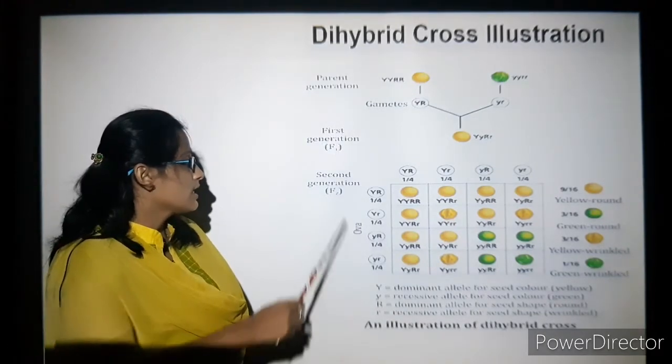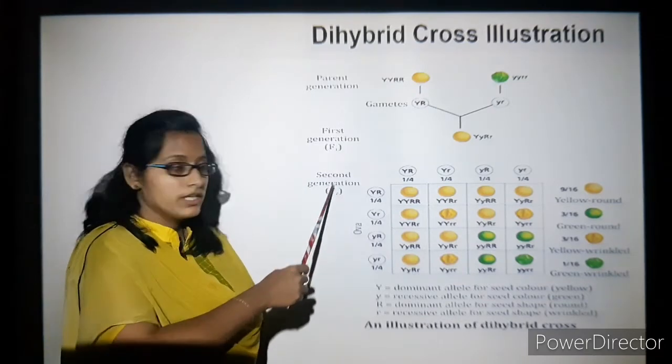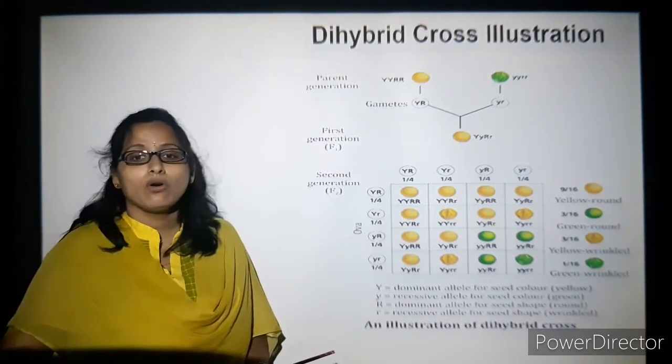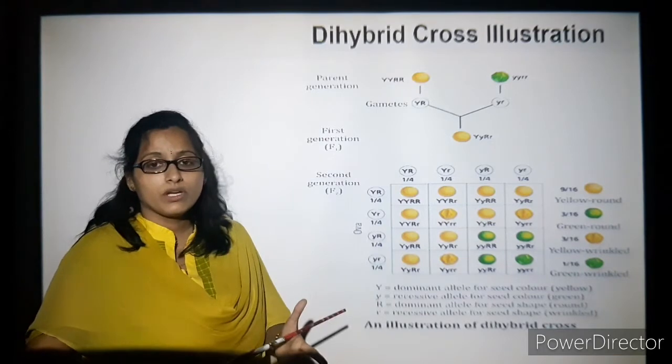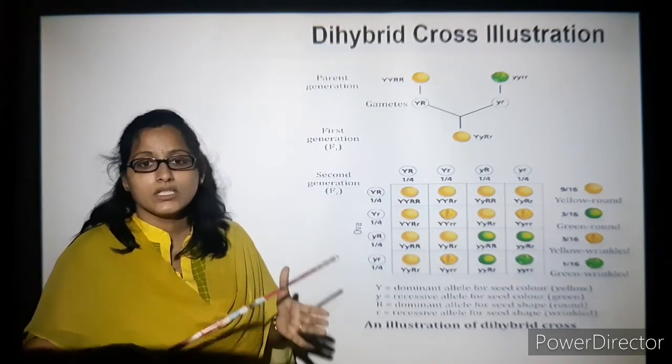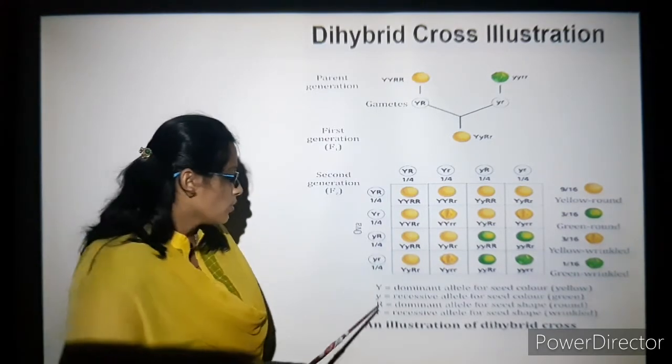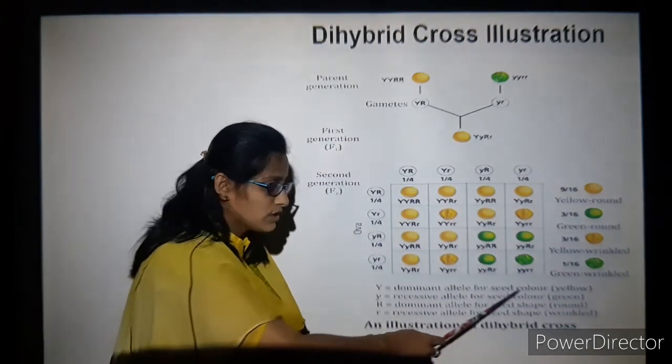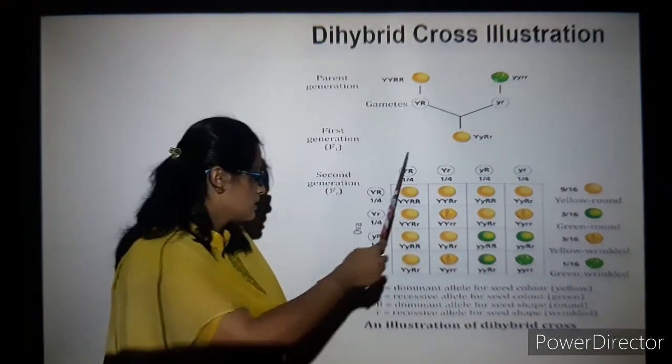So you can see that in the second filial generation F2, the phenotypic ratio is 9:3:3:1.